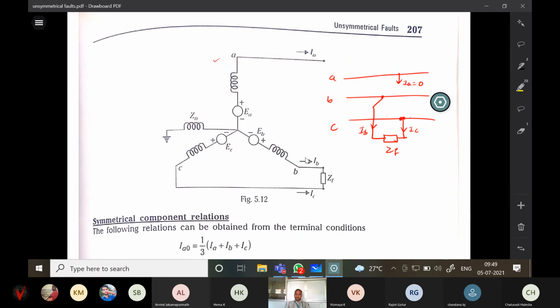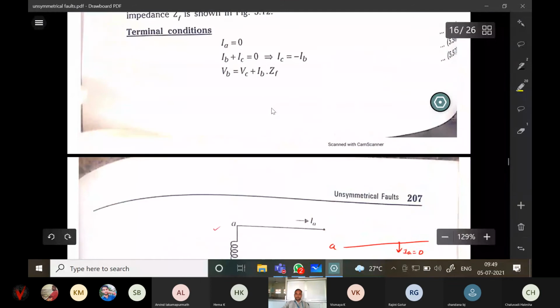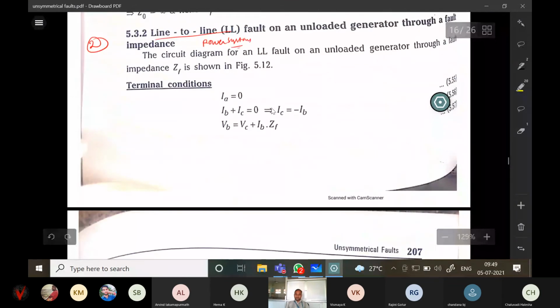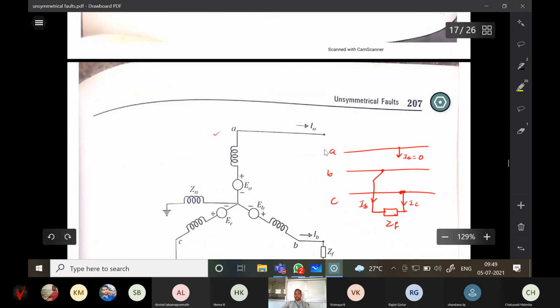So your terminal conditions will also remain the same. IA is equal to 0, IB plus IC is equal to 0. Therefore, IC is equal to minus IB, and VB is equal to VC plus IB into ZF. So the terminal conditions and the whole derivation are the same.